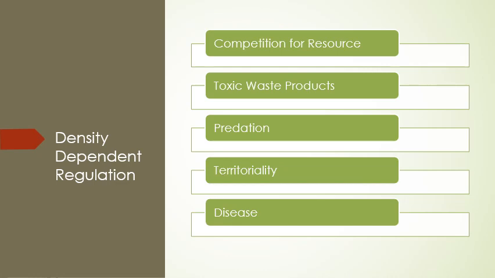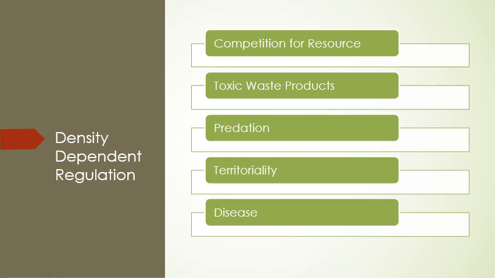A lot of density-dependent regulation is going to involve competition for resources. Toxic waste product production: if you have a whole bunch of organisms, let's say you guys produce toxic waste products. You excrete things during the day. The more people that are there, the more excrement builds up. Does that make sense?